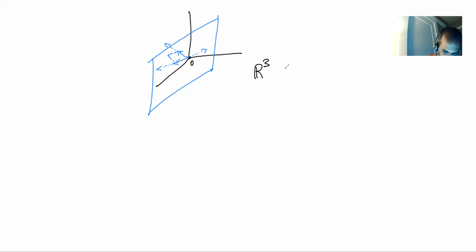If you take all linear combinations, the set of vectors you get looks like a plane.